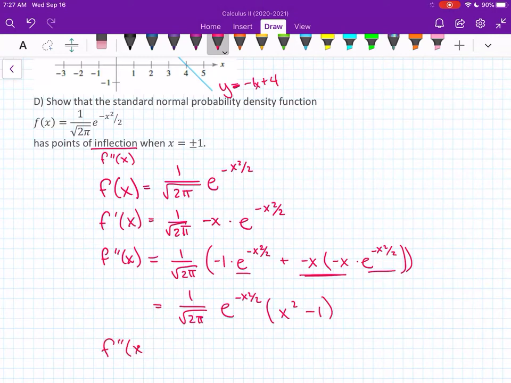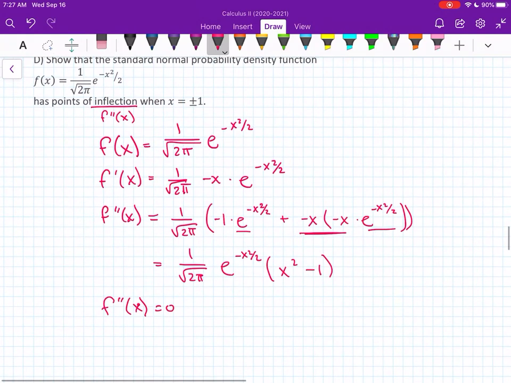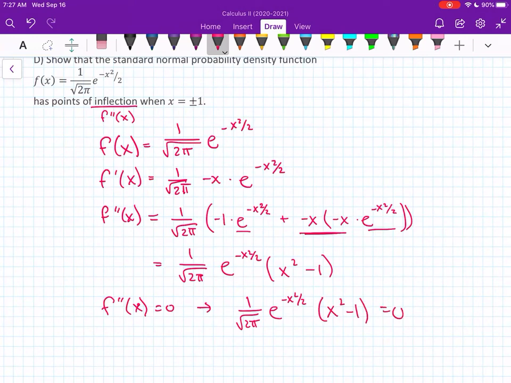So when f double prime of x equals 0, this implies that the whole thing, 1 over square root of 2 pi, e to the negative x squared over 2, x squared minus 1, has to equal 0. And so that equals 0 when any of the factors equal 0, since it's in factored form.